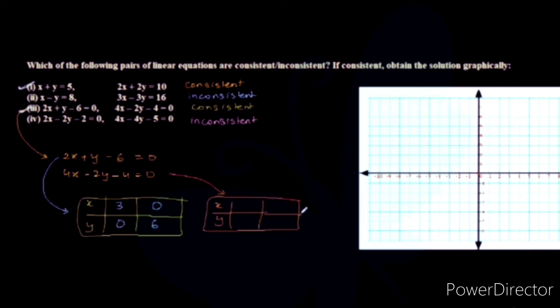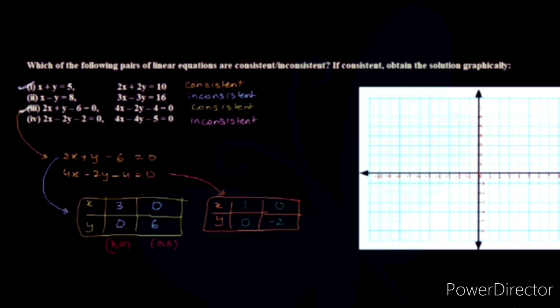Alright, so here guys, if we make y as 0, x would become 1, right? And what if x is 0? If x is 0, you are going to have negative 2 as y, right? So first making a line for these two coordinates 3 comma 0 and 0 comma 6. 3 comma 0 is on the x axis here.